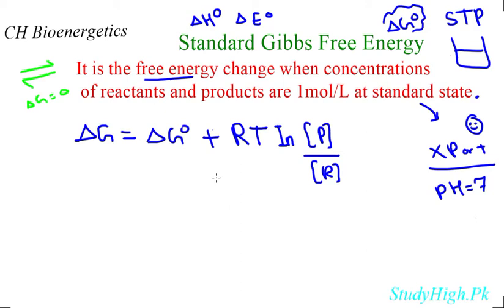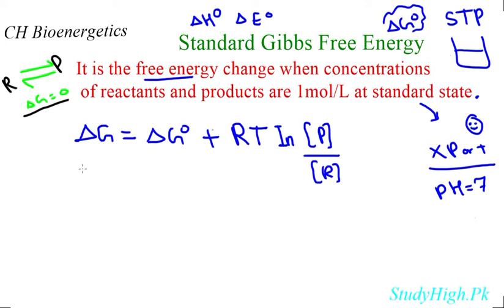Now I am going to calculate the value of delta G naught. Just assume reactants have been converted into products and the reactants and products are in chemical equilibrium, and delta G at this state, as I have explained, will be equal to 0.